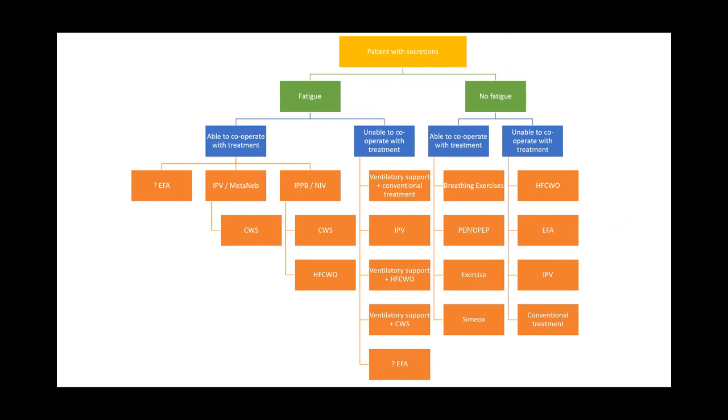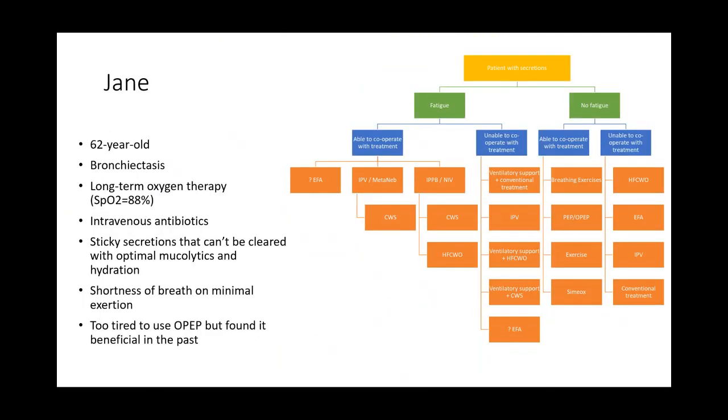So just to bring this together, and I am sure that you're all almost finished your lunch break, but here is our first patient, Jane. She's 62 years old. She's got bronchiectasis. She's on long-term oxygen therapy. Her saturations are 88%. She's on IV antibiotics, sticky secretions that can't be cleared with optimal mucolytics and hydration.